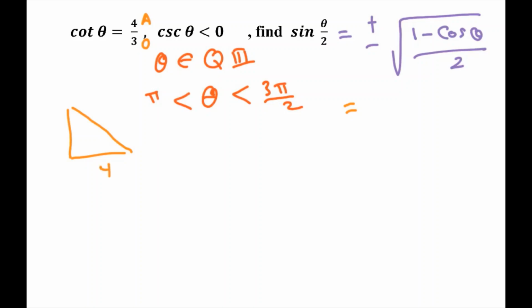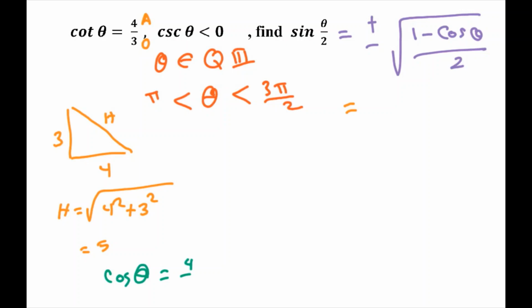So 4 and 3, we need to find the hypotenuse. 4 squared plus 3 squared, that's equal to 5. Now, if I know that this is 5, then cosine theta will be adjacent over hypotenuse.